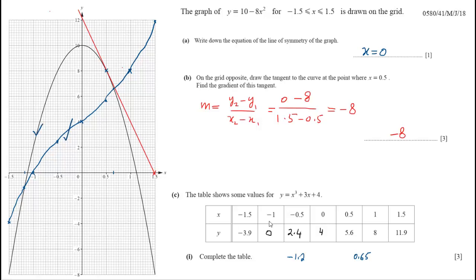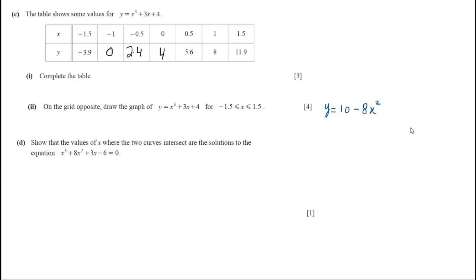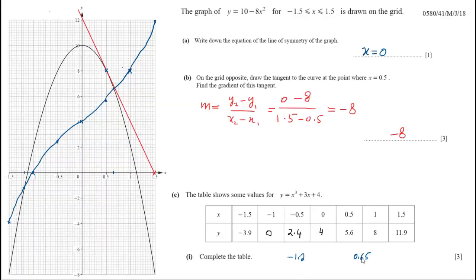One is this, and the second is this, because these are the points of intersection of these two graphs. So these two are the solution of these two functions, the blue one and the black one.